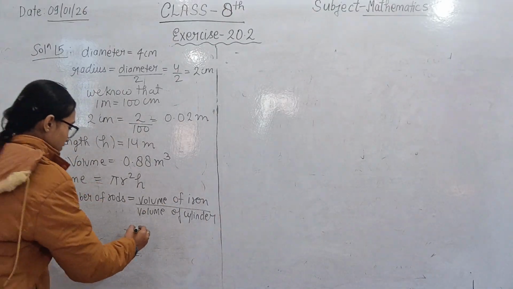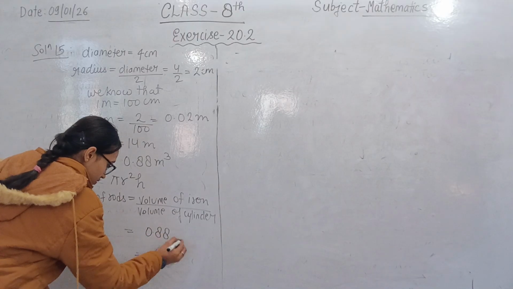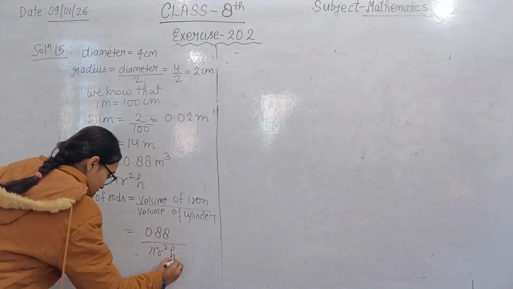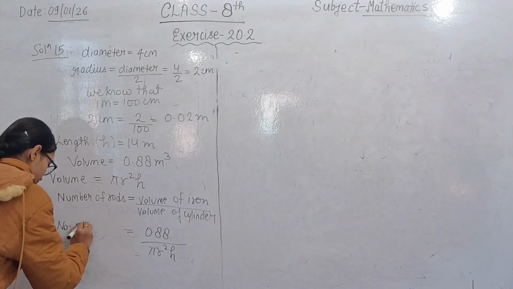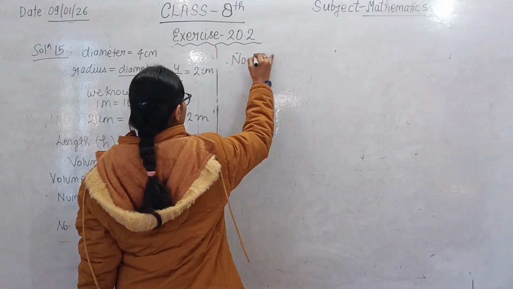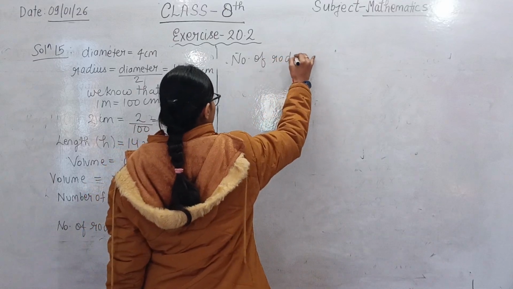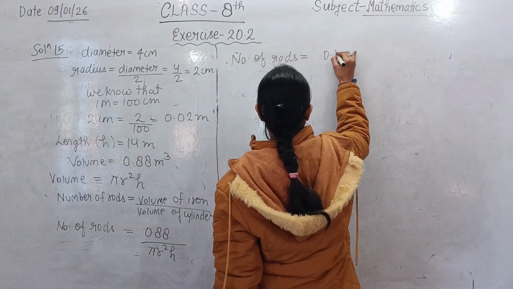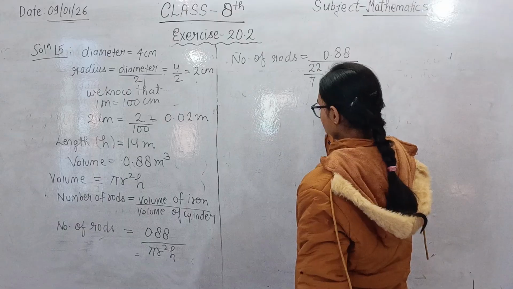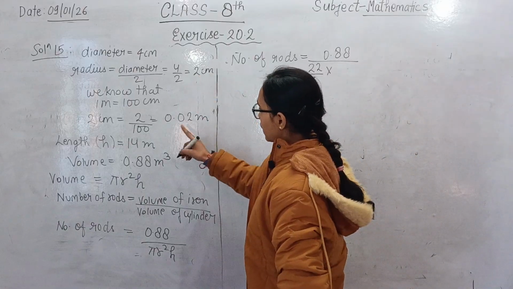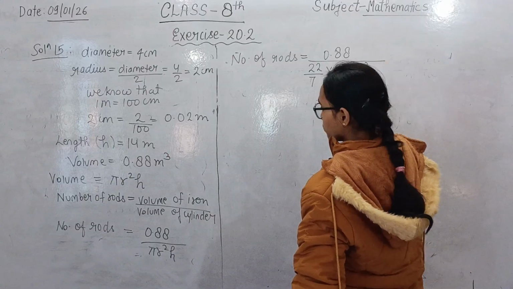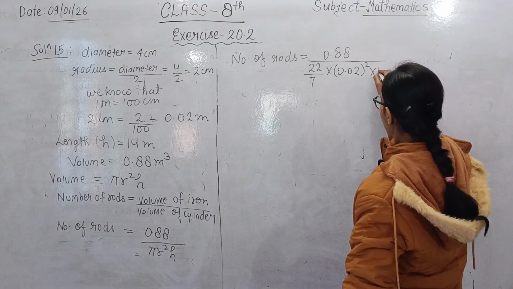Volume of iron is given as 0.88. Volume of cylinder formula, we know, is pi r square h. Now the number of rods is equal to 0.88 upon pi, we will put the value 22 upon 7. R means radius, and radius we have calculated as 0.02, 0.02 whole square. H means height, and height is given as 14 meter.